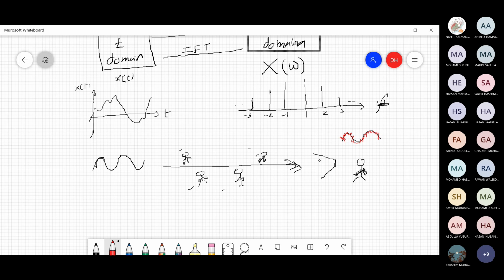So how do we get rid of all this noise? How do we listen to the original one, which is x of t? Then you need to take all the sound to a spectrum analyzer.